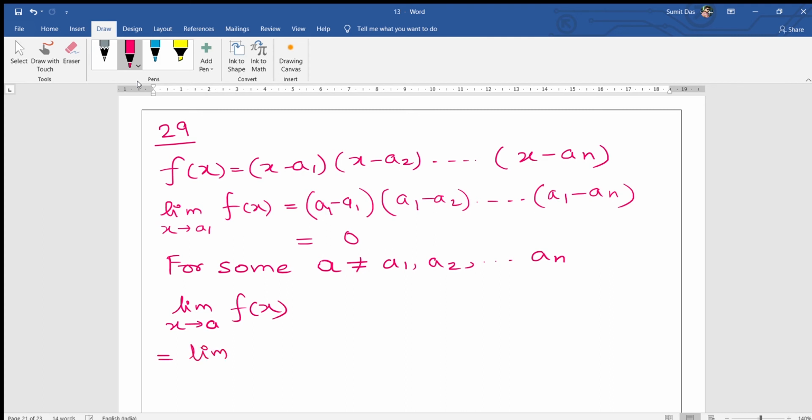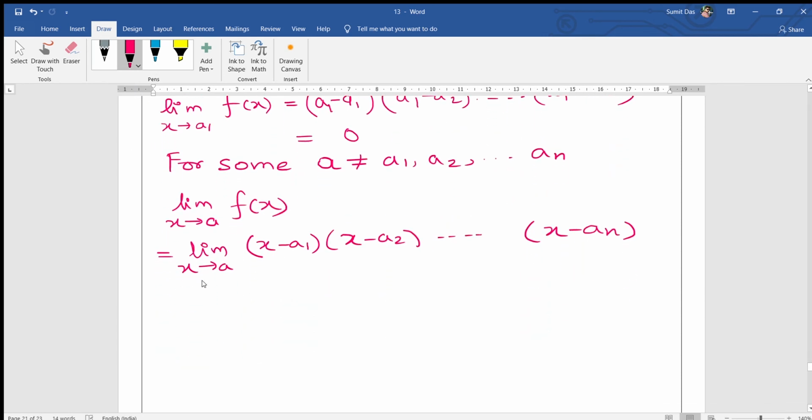f(x) is (x minus a1)(x minus a2) multiplication (x minus an). Now in this one we have to directly put a.